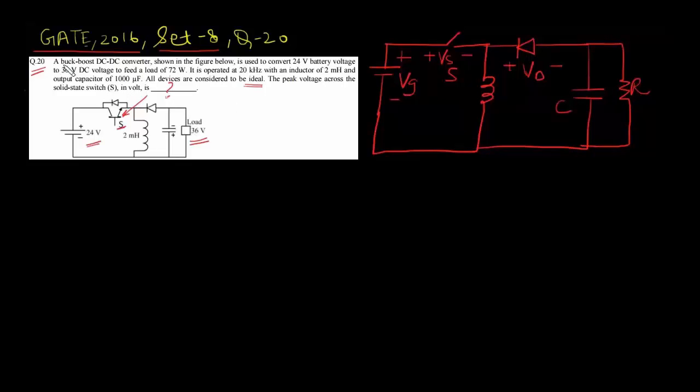Please note that this is a buck boost DC-DC converter, so output voltage polarity is opposite to that of input. So my output voltage polarity is like this.